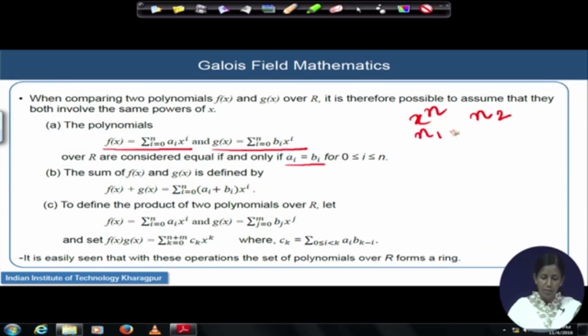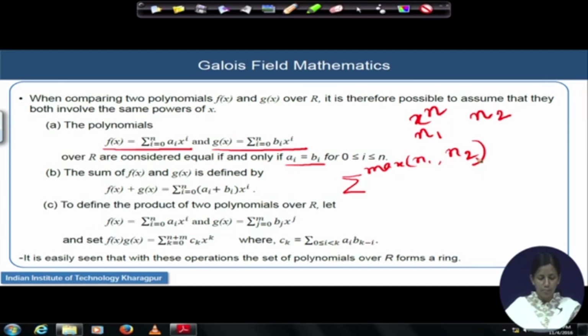Remember, if they have different values of n, then the summation will go up to the maximum of n1 comma n2, meaning whoever has the higher value, the summation will run up to that.